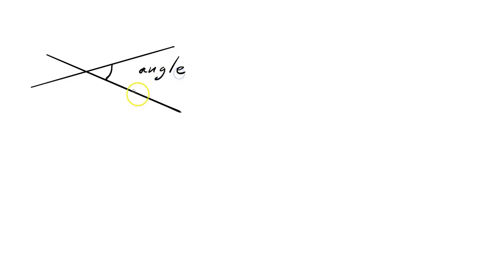If you have 2 lines intersecting, then you will have an angle between them. And how large is this angle? Well, if you draw a circle with its center at the point where they intersect, then you see how large a part of the circle this is.